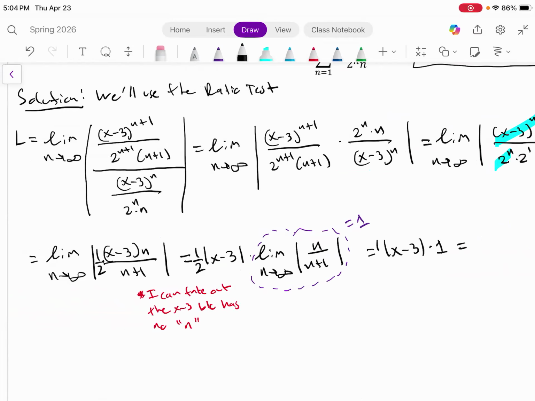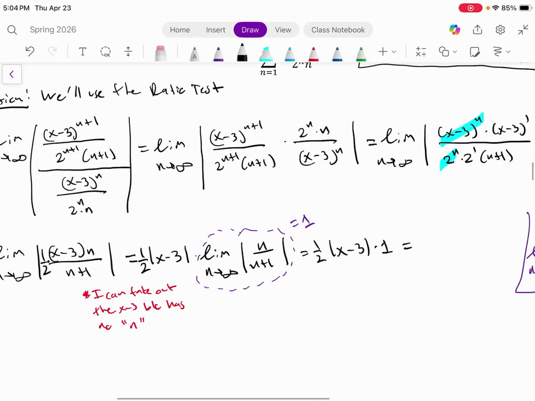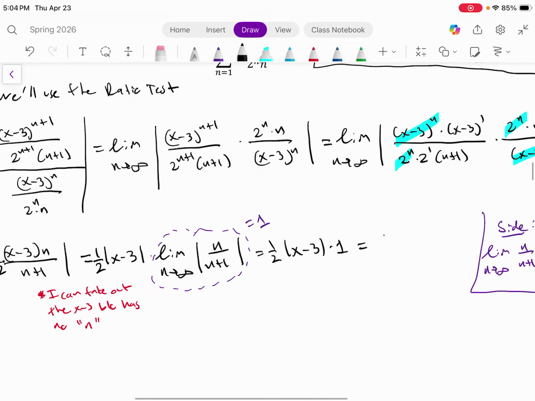So what I'm left with is just 1/2 times the absolute value of x minus 3 times 1. Okay. And well, that's just going to equal 1/2 times the absolute value of x minus 3. So therefore, that's what L is: 1/2 times the absolute value of x minus 3.